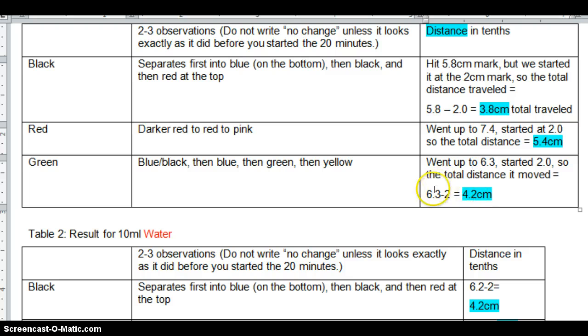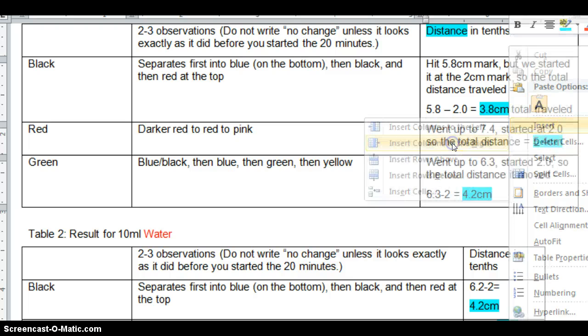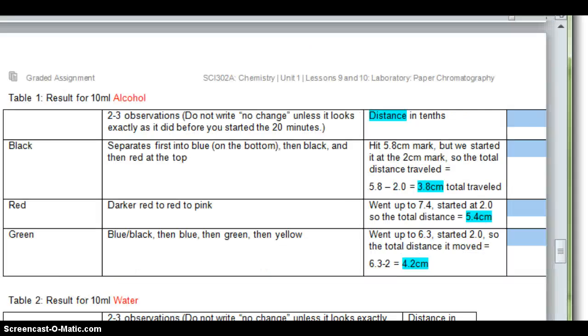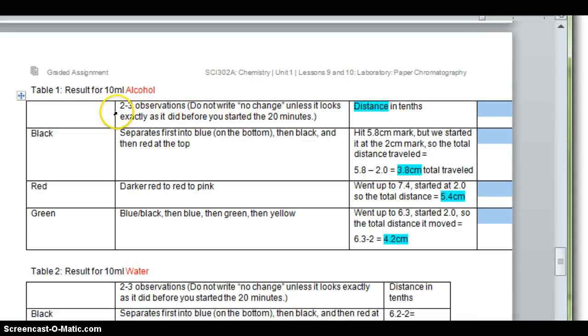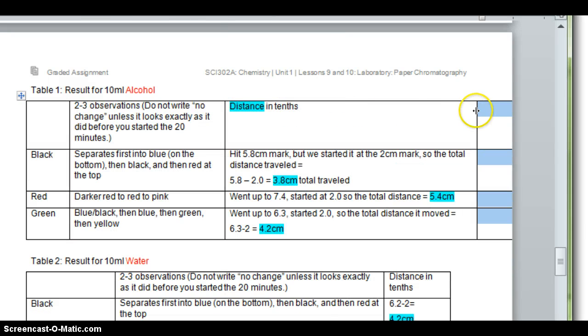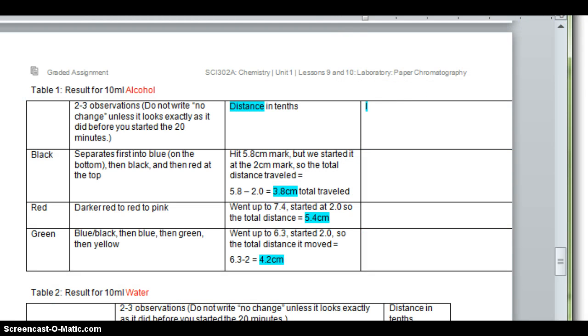All right, now we need to know which ones are mixtures. So let's make another column here. And we'll just simply say, is it a mixture? All right. So, is it a mixture?